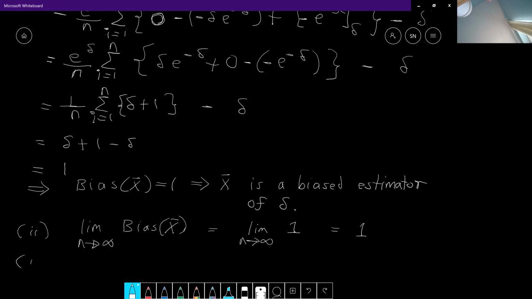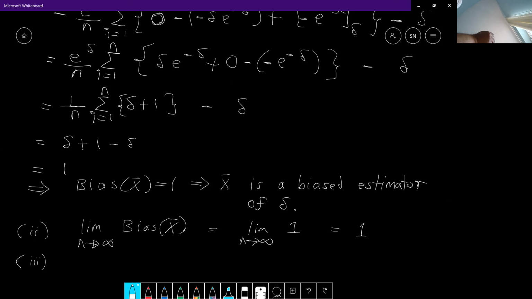Now part 3 is asking you to find a new estimator that is unbiased. I'm sure you know, can you find a new estimator that is a function of x bar that is unbiased for delta? It's not difficult, guys. Some of you know already.